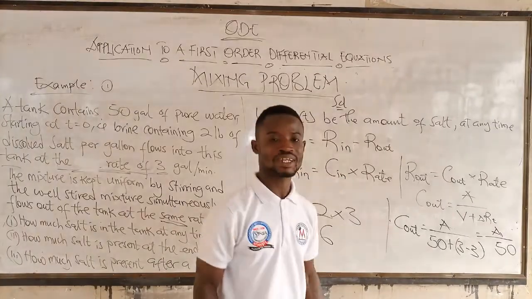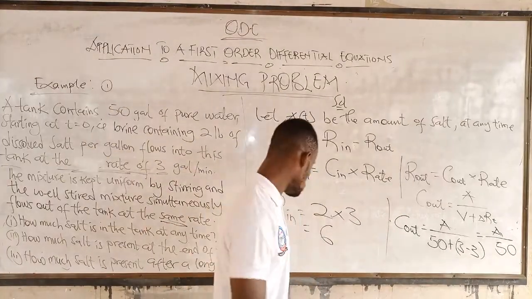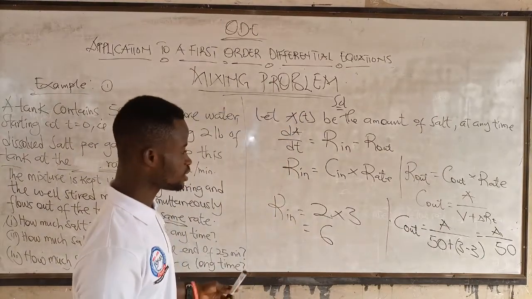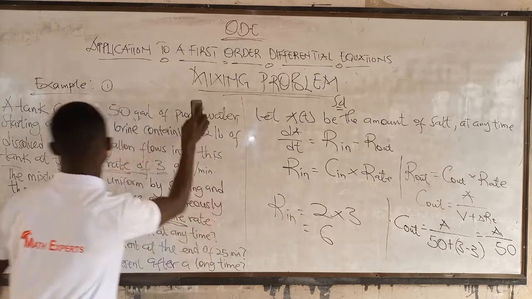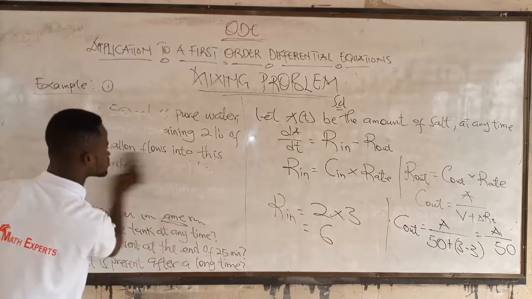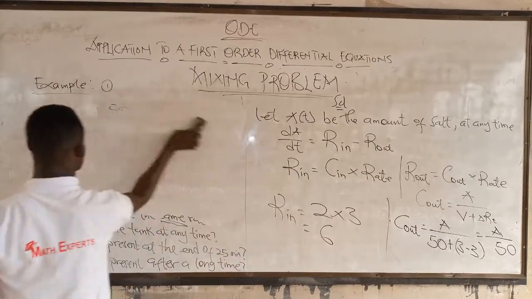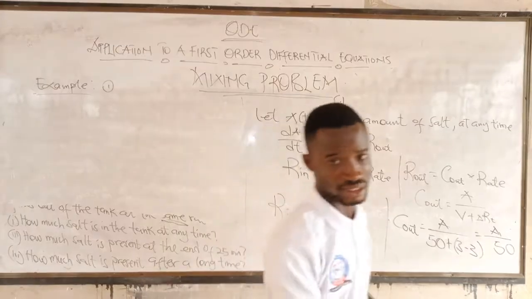So now we go to calculate the rate out. Okay, so now I can clean the question. But before that, we will be using that during the question, so don't forget it.